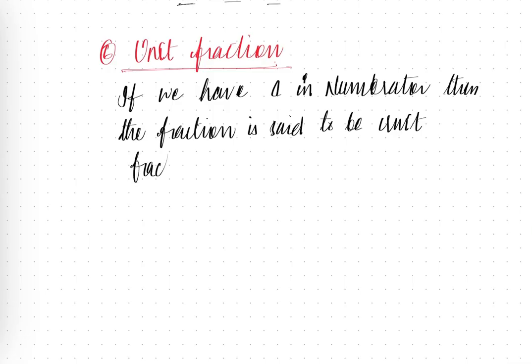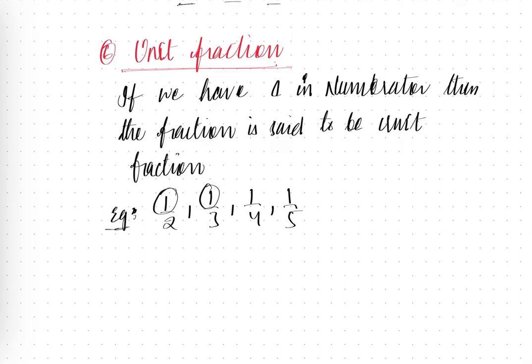For example, if I take 1 by 2, 1 by 3, 1 by 4, 1 by 5, here in the numerator we have only 1. Then this type of fraction is known as a unit fraction.